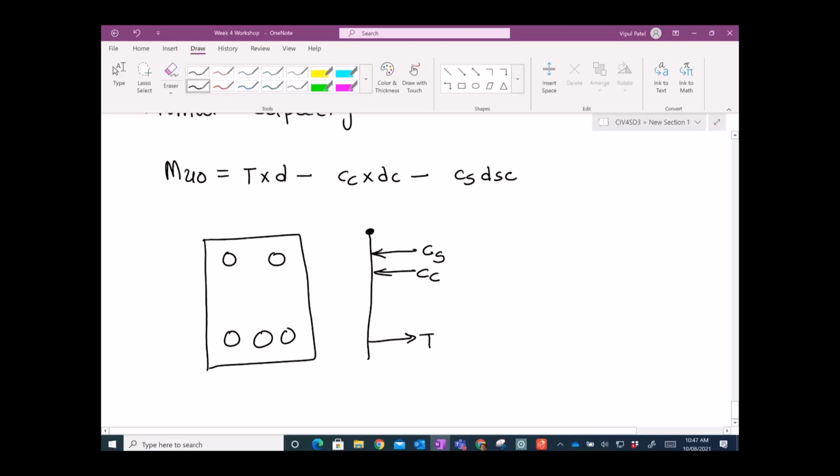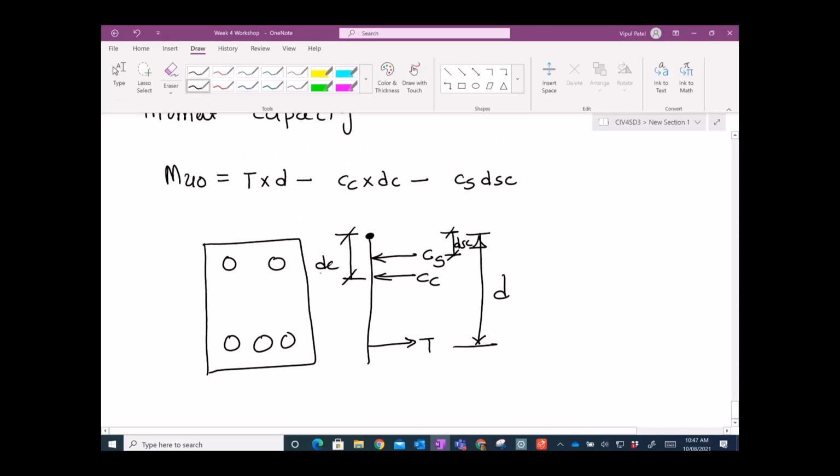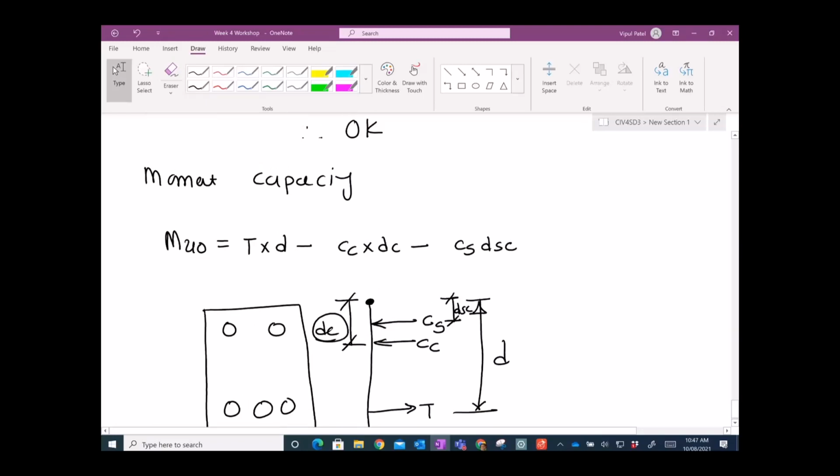If you take the moment here at the top, then you have this d, this dc, and this dsc, right? So those are all the parameters. Now we don't have this dc because we did not work it out, which is 1/2 gamma dn. Now everything we have is 0.89, and the dn value was 192.